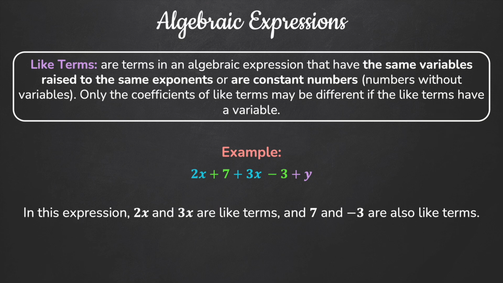I know we can't really see the 1 there, because if it has an exponent of 1, we don't have to write that exponent. But both x's are raised to the same power, so those are both like terms. And then we also have 7 and negative 3 that are also like terms. But y, on the other hand, does not have a like term.